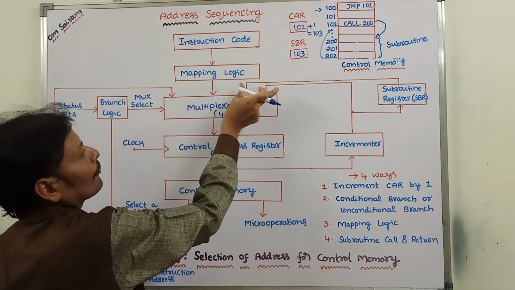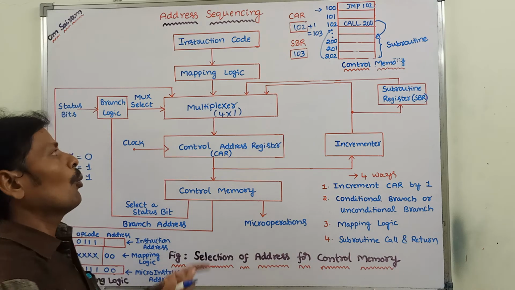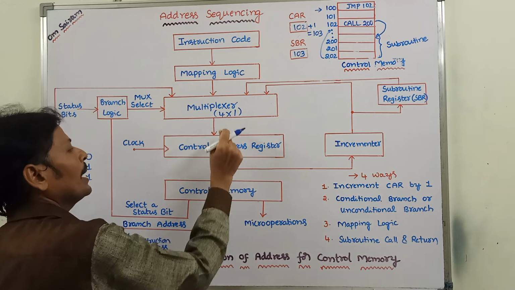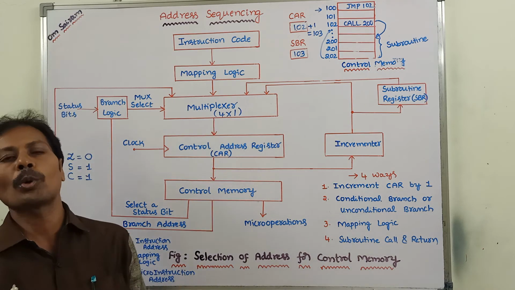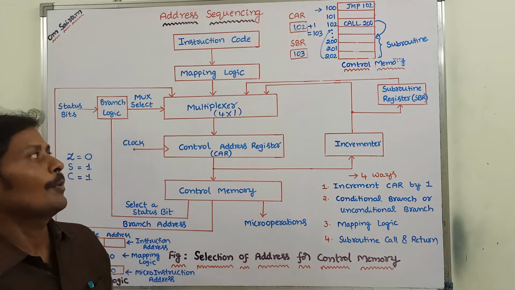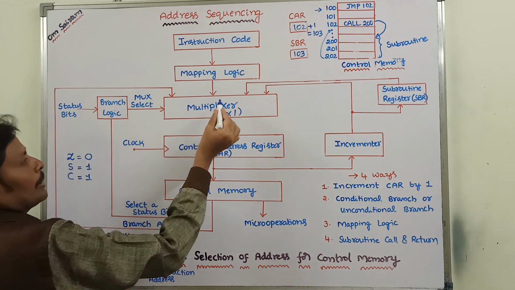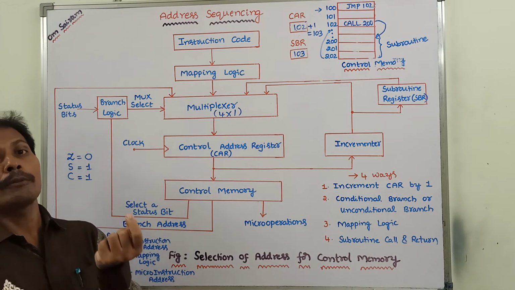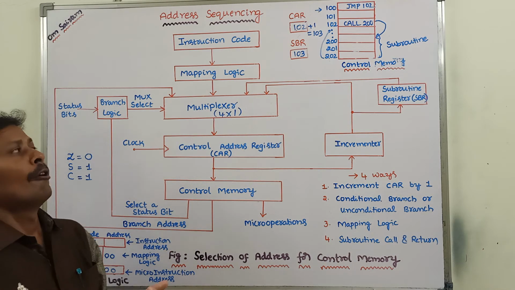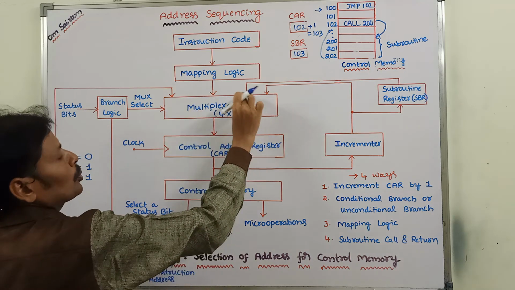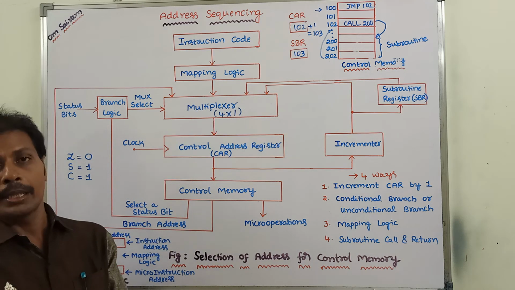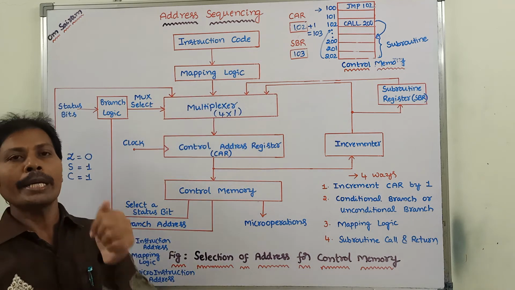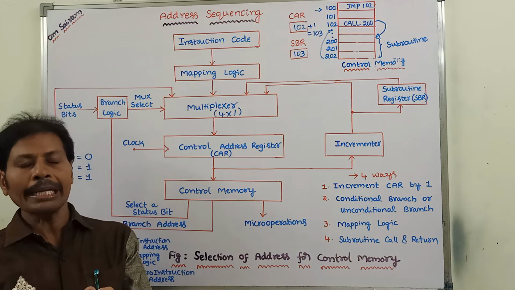Among these 4 branch addresses, whichever branch address is selected can be loaded into the control address register. Here, whenever the multiplexer output value is equal to 1, one of the 4 alternatives is selected.